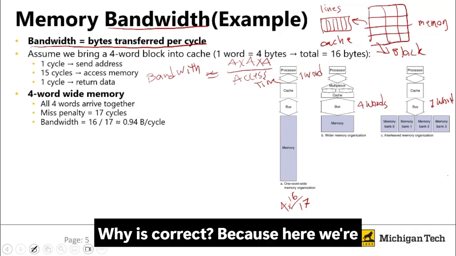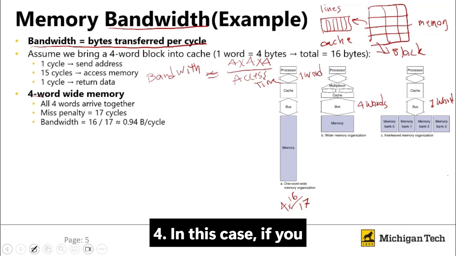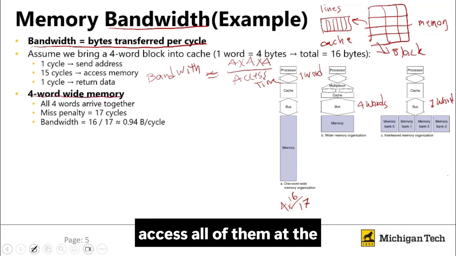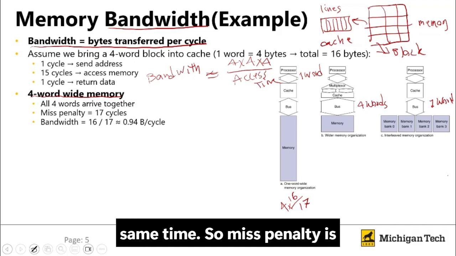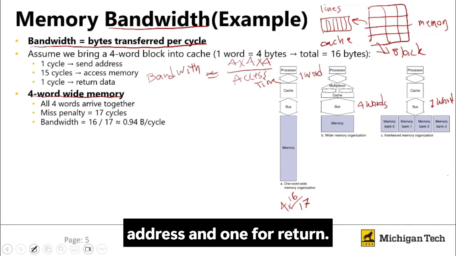Why is it correct? Because here we're going to have it divided by 4. In this case, if we have a 4 word wide memory, we can access all of them at the same time. So the miss penalty is still the same: 17, 1 for sending data, 15 for address, and 1 for return.